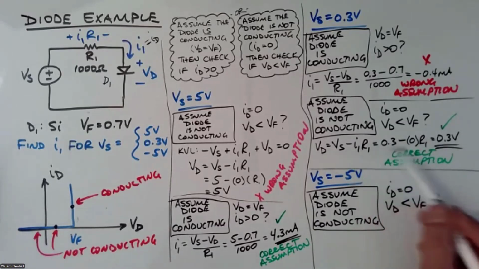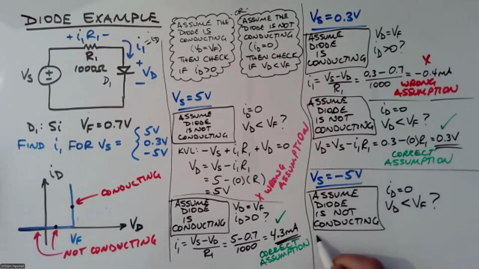Let's use this KVL equation again. VD equals VS minus I1 R1, which is equal to -5 minus 0, and that's -5 volts.